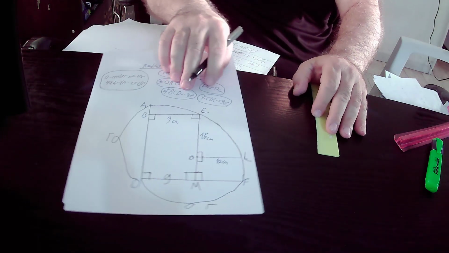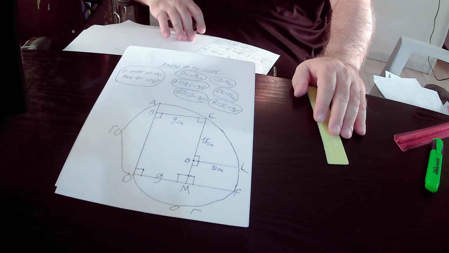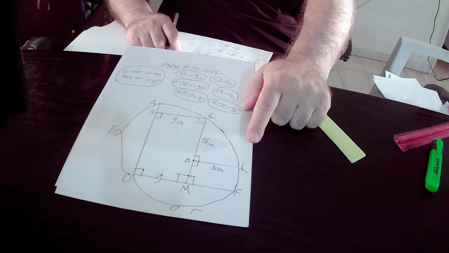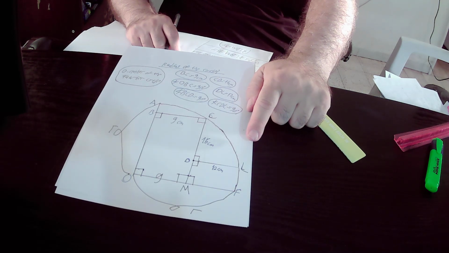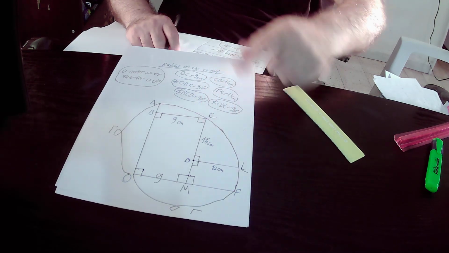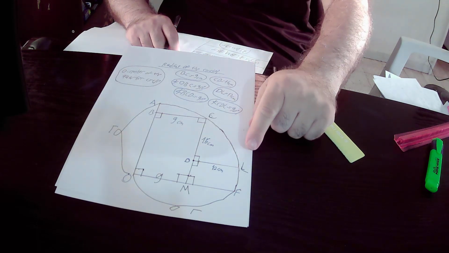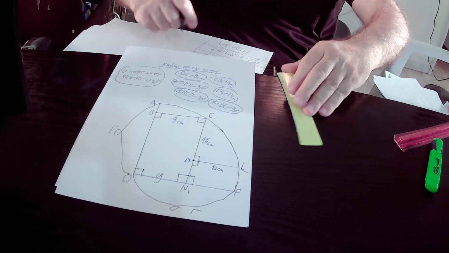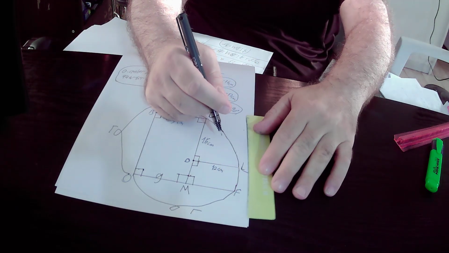In the next step, we do a construction from point L. We draw a perpendicular on the radius OF. Repeat again, from point L we go perpendicular on the radius OF of the quarter circle.